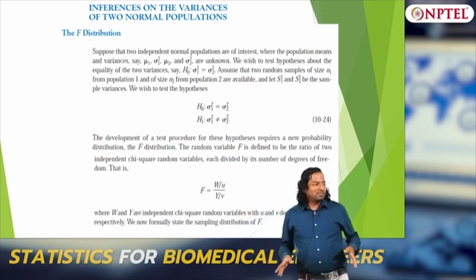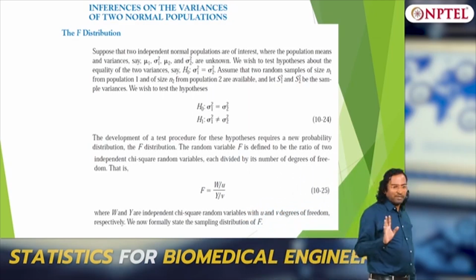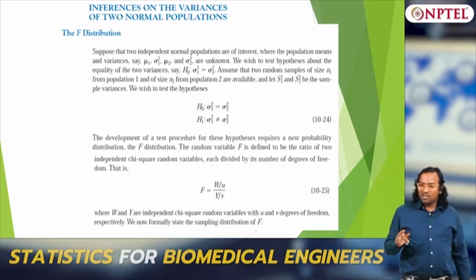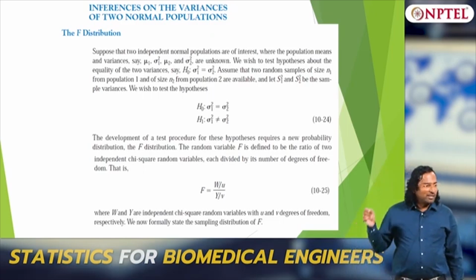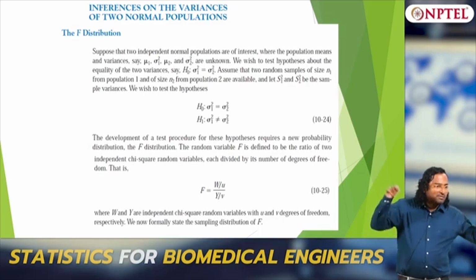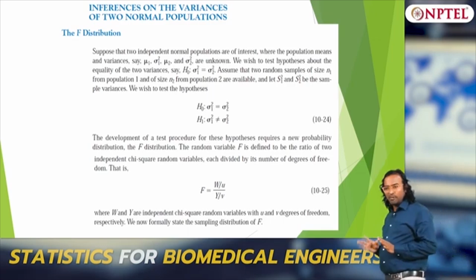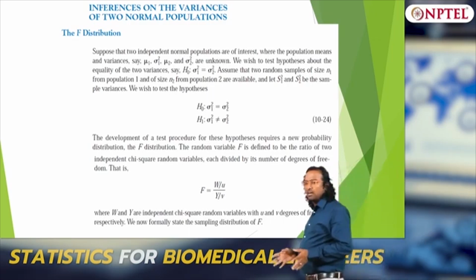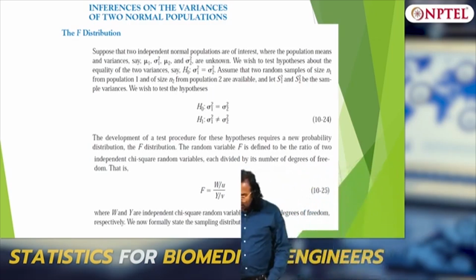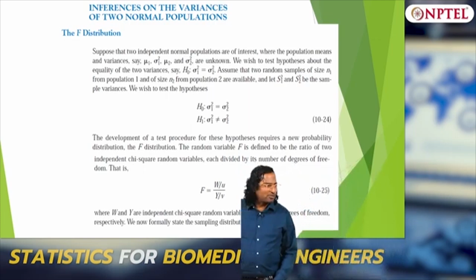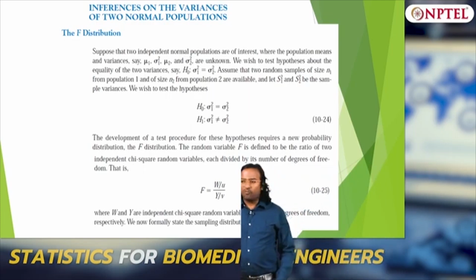If at least one is non-zero, then I am happy. I am not even asking which is non-zero: is mu1 to mu n equal to 0 or not equal to 0? That is the kind of question we are asking. Statistically, my null hypothesis is that all the drugs have no effect, so the mean of all the effects is equal to 0, or at least one is effective, so at least one is non-zero.